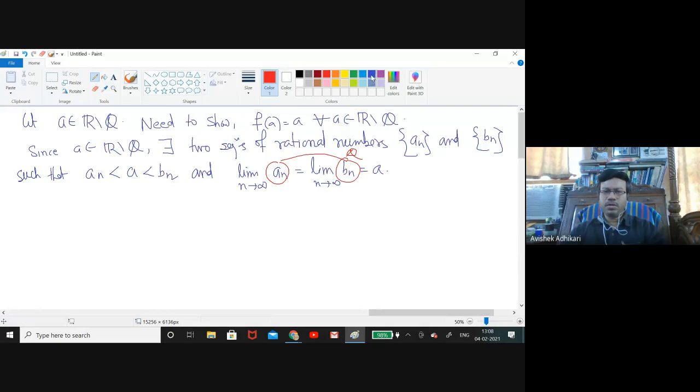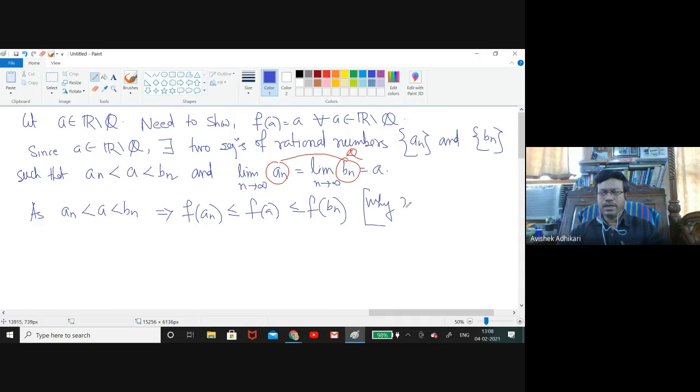That's very important. Okay, then as An is less than A less than Bn, that implies f(An) is less than or equal to f(A), which is less than or equal to f(Bn). Why do I get this step? Because just now I have proved it's order preserving, but this equality may come, right? Now, what is f(An)?